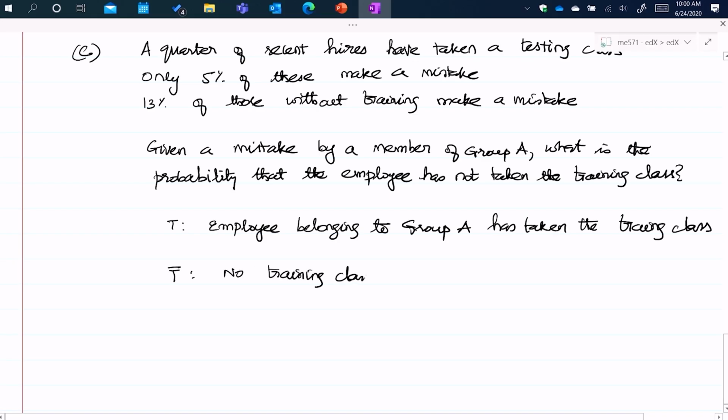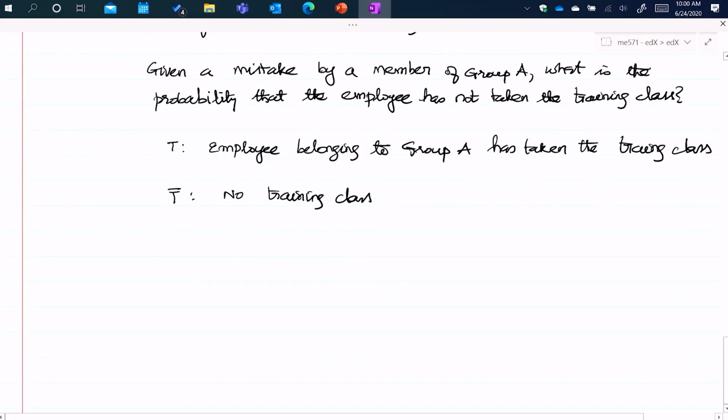Given a mistake by a member of group A, we want to know the probability that this person has not taken the training class. So what we seek is the probability of T complement given MA.